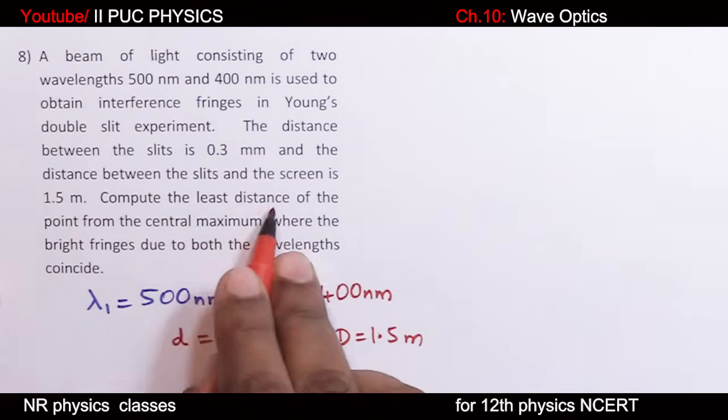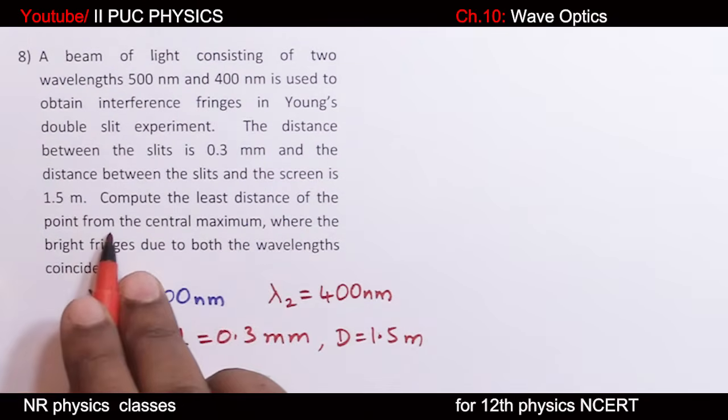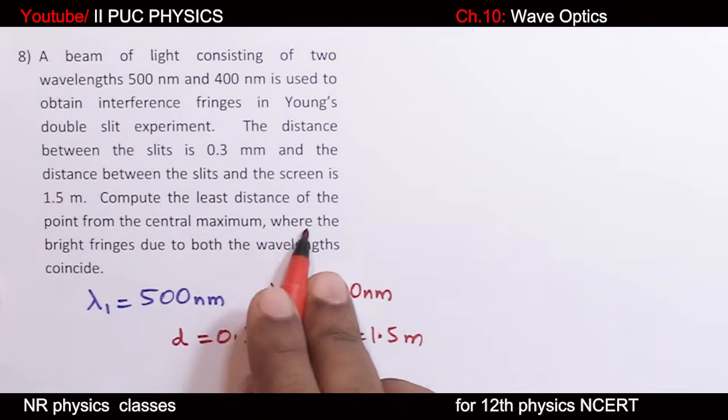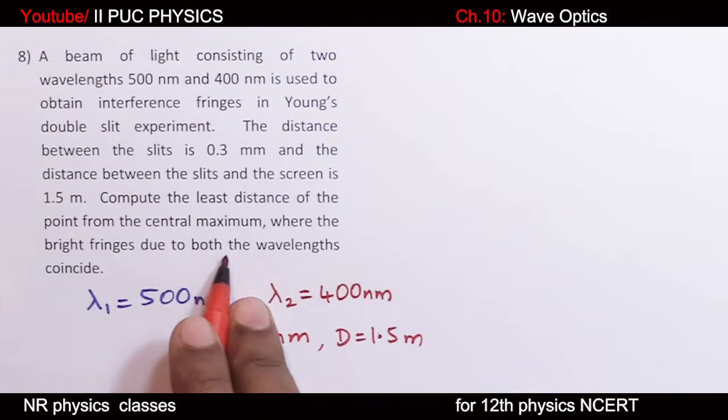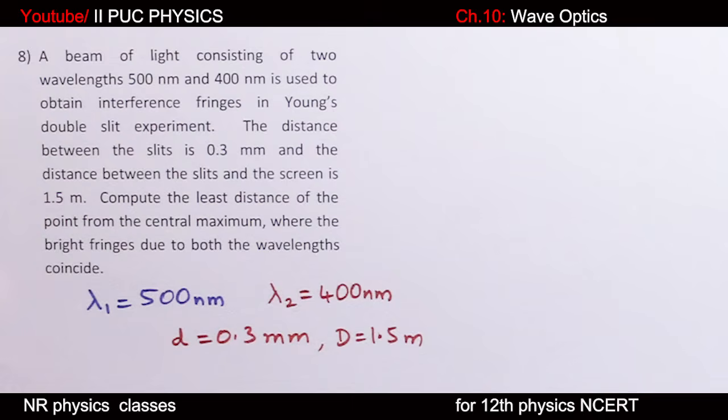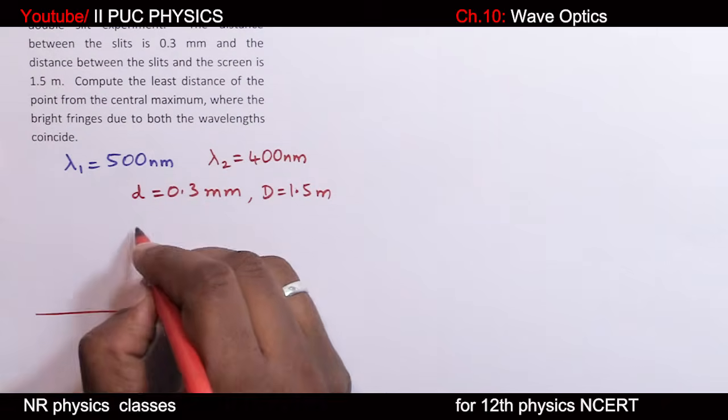Compute the least distance of the point from the central maximum where the bright fringes due to both the wavelengths coincide. Since wavelengths are different, fringe widths are different. This is median, this is the screen.